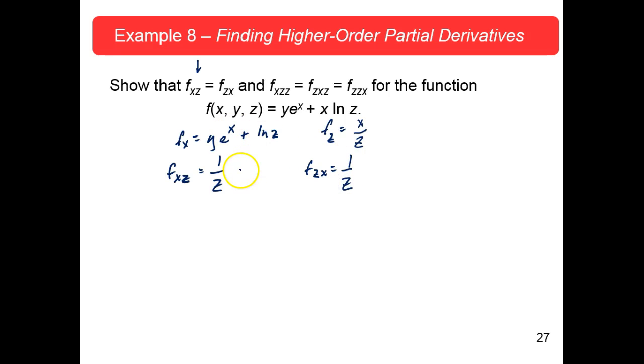And looky here, these 2 are indeed equal to each other. Okay? And that's the first thing it asks. Yep, we got it. The next thing it asked, though, was then to do f sub xzz, and you got 2 choices here, actually 3 choices here. Yep. What you want to do next?